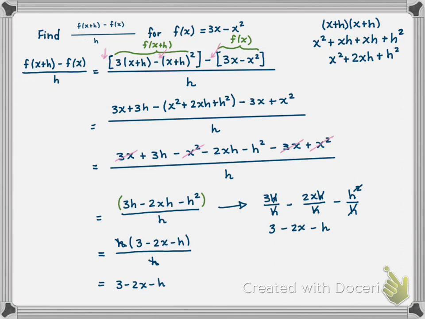Like I told you in our first example, that h is always going to cancel. So you can do it by factoring the h out and canceling it, or you can do it by dividing each term by h. What you don't want to do is, like in this step, be like, oh, those h's cancel, right? Because then you only divided one term by h. And you have to divide all the terms by h. So that's what factoring it out does for us.